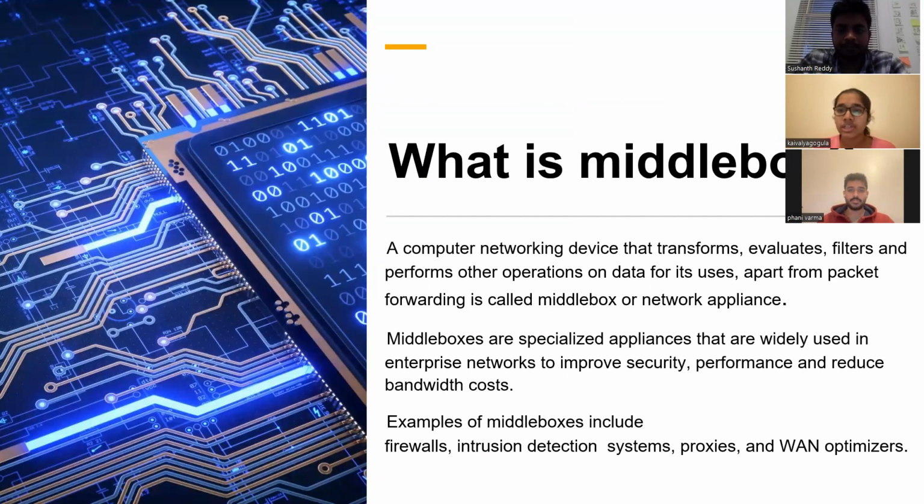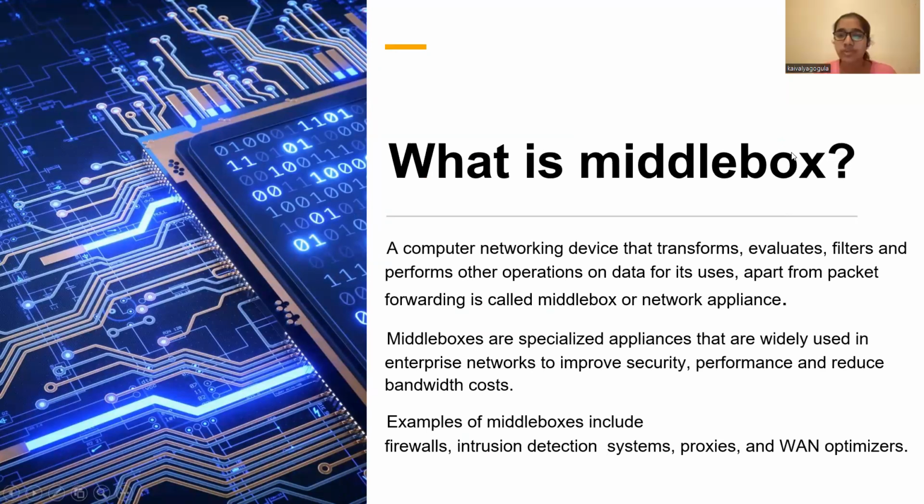First of all, we'll look into what a middle box is. A middle box is a computer networking device that transforms, evaluates, filters, and performs other operations on the data, everything except packet forwarding. All this process is known as a middle box.